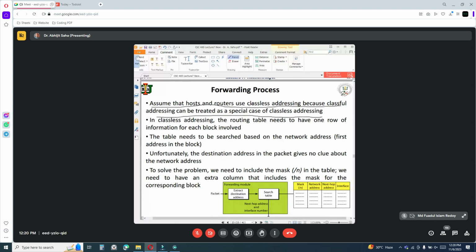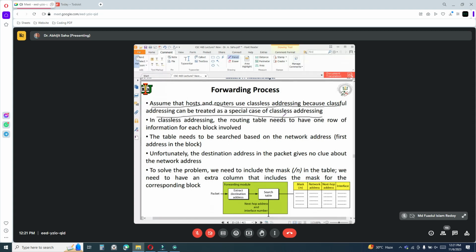We have a fixed number of addresses, 4.2 billion addresses, in IPv4 addressing. To use those limited addresses, we have used different techniques, and one of them is classless addressing.